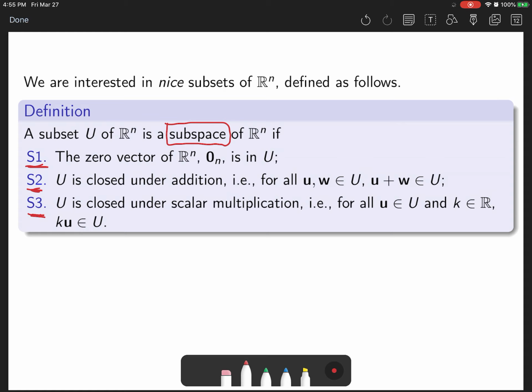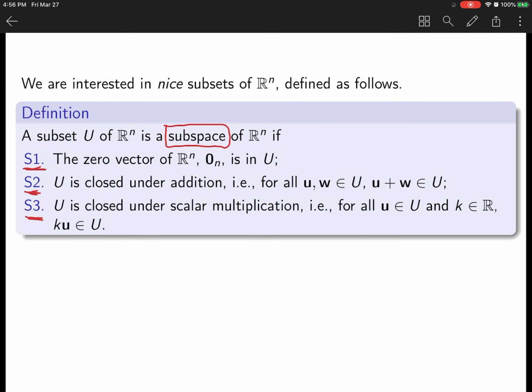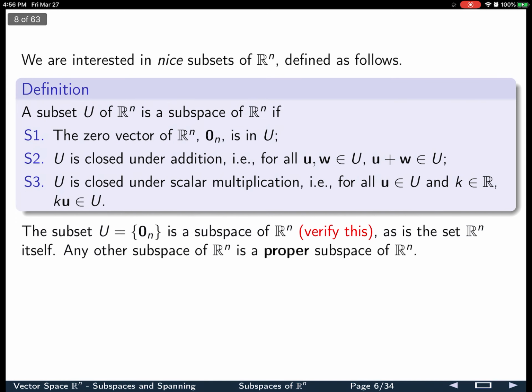So a subspace always has to go through the origin, and the normal operations of scalar multiplication and vector addition, when you operate on vectors in the space, they need to stay in the space.